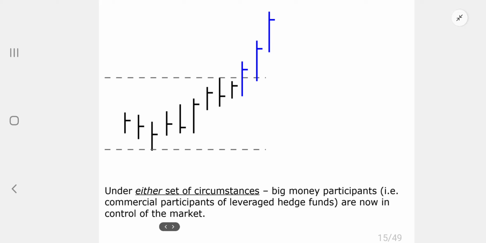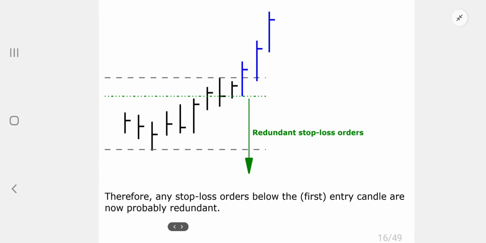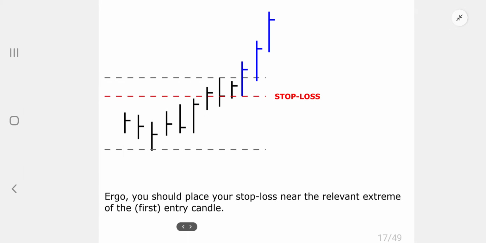Under either set of circumstances, big money participants, i.e. commercial participants or leveraged hedge funds, are now in control of the market. Therefore, any stop loss orders below the first entry candle are now probably redundant. Ergo, you should place your stop loss near the relevant extreme of the first entry candle.